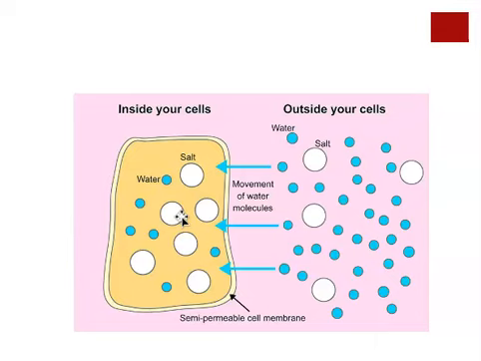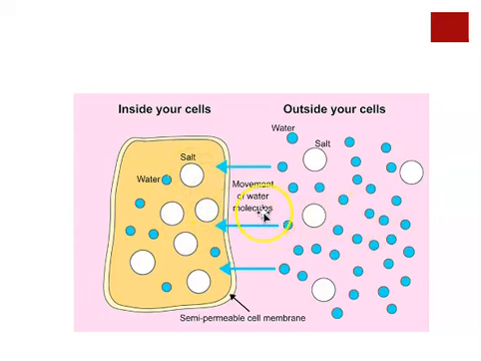The particles can't cross the membrane with simple diffusion, but the water can. So what's going to happen is the water will move not from the high side of salt to the low side of salt, but exactly the opposite. The water will move from the side where there's less salt towards the side where there's more salt. Think of osmosis as diluting out the particles.